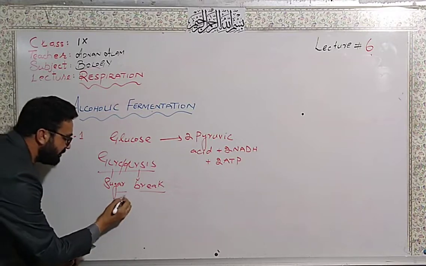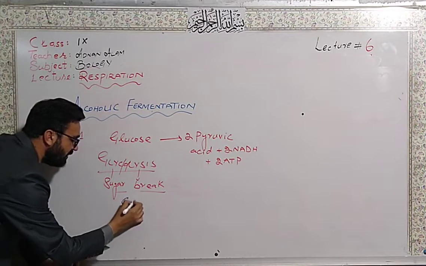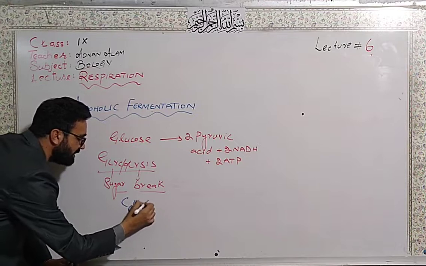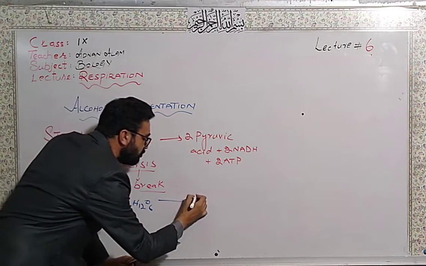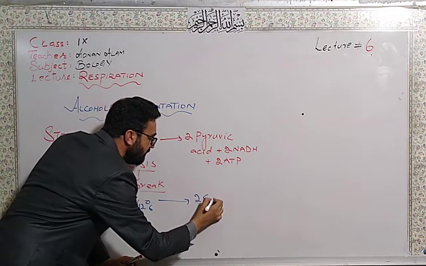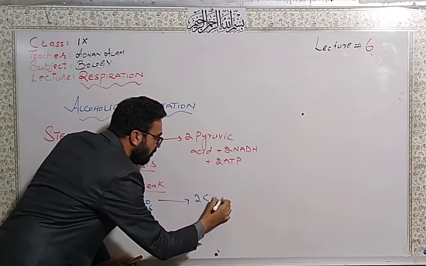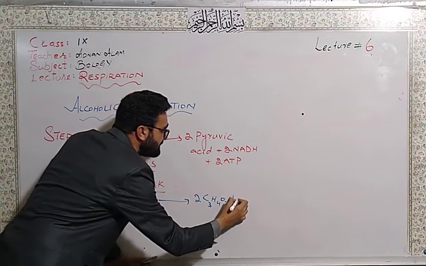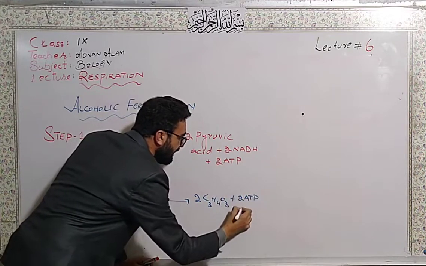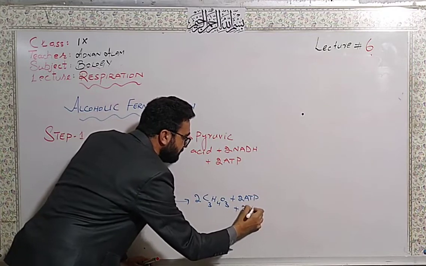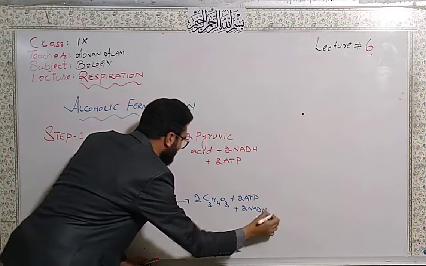I am writing its equation: C6H12O6 is converted into 2 molecules of C3H4O3 plus 2 ATP plus 2 NADH. This is step 1.